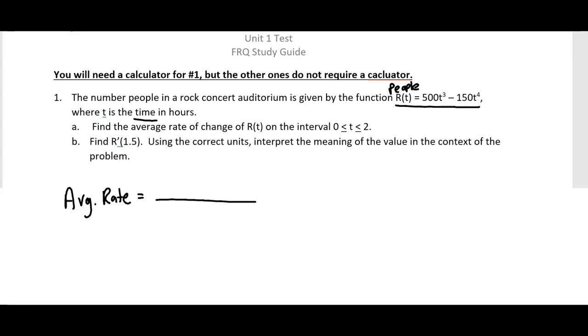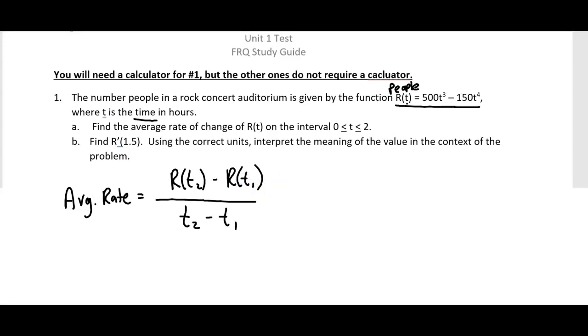The letter that's in the parentheses is like your x. So instead of x2 minus x1 on the bottom, we're going to have t2 minus t1 on the bottom. And my y values are r. So my y2 will be r after I plug in t2, and my y1 value will be r after I plug in t1. So just so you guys know, that's part of the setup there.